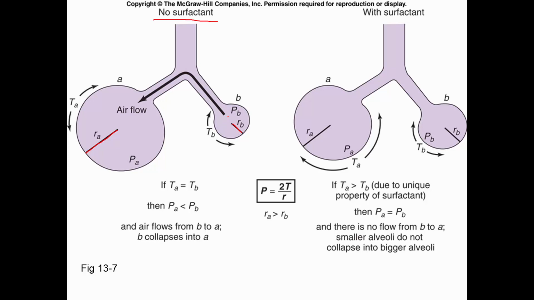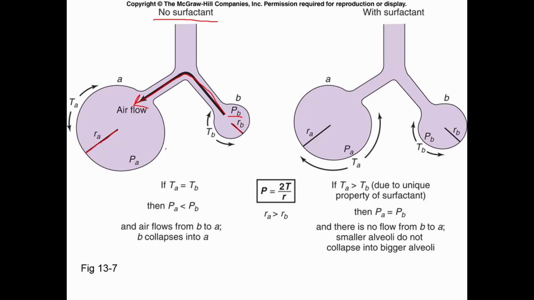That suggests that the pressure in the smaller balloon, or the smaller alveolus, is greater than the pressure in the larger alveolus, and that is indeed true. If you do this experiment, the smaller one would collapse and blow up the bigger one.